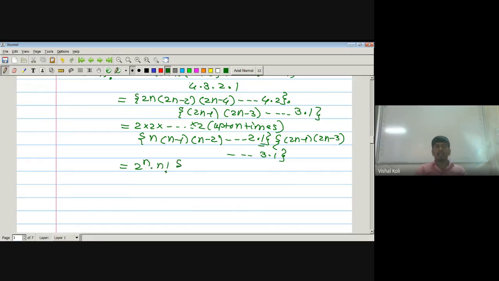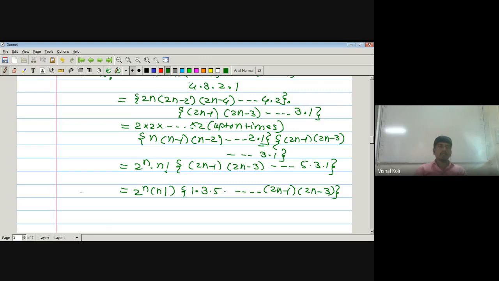Okay, and the last bracket is as it is: 2n minus 1, 2n minus 3, and so on, 5 into 3 into 1. That is, this can be written as 2 raised to n into n factorial into 1 into 3 into 5 into, and so on, 2n minus 3 into 2n minus 1. Okay, which is nothing but 2n factorial.